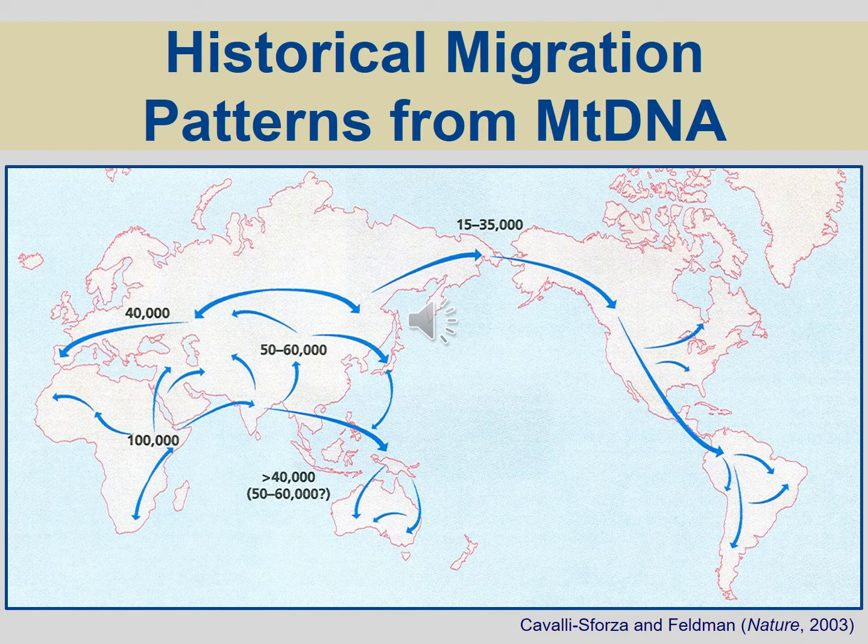What these researchers also did was use those time signatures to look at the historical pattern of migration throughout the whole planet. And so what you notice is that, for the most part, right, human evolution occurs in Africa, and this occurs around 200 to 300,000 years ago.